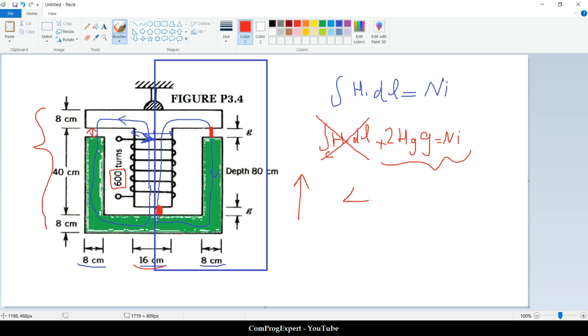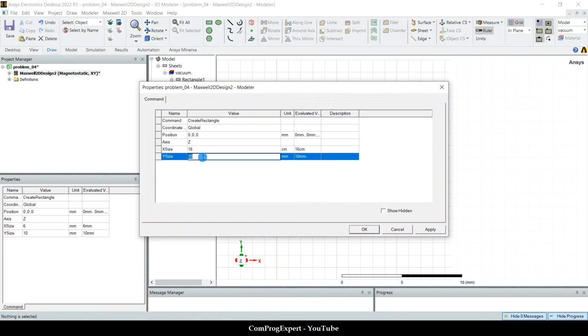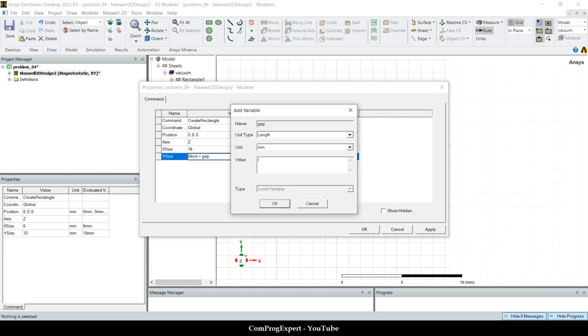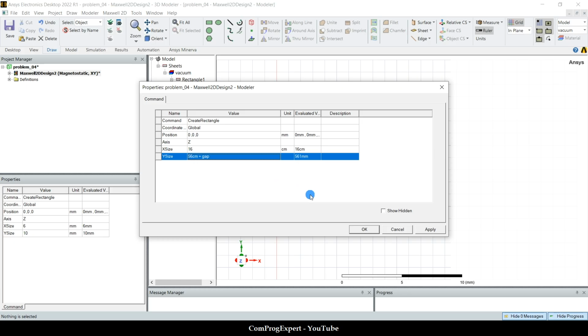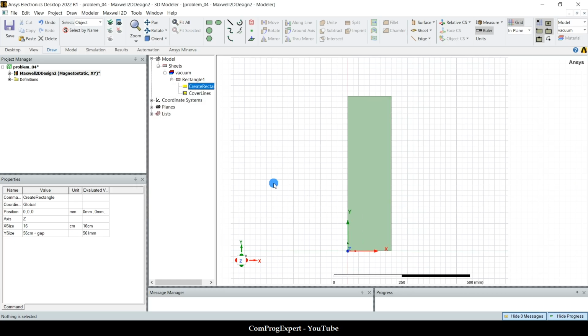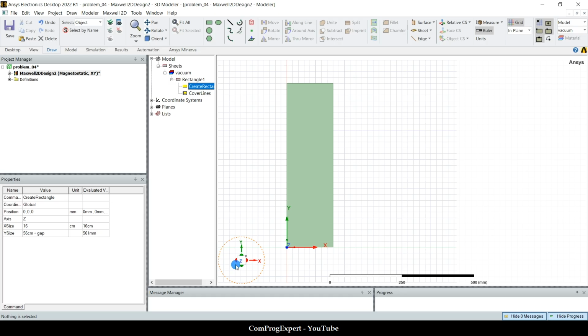So 40 plus 8 plus 8, that is 56 plus gap. So here I write 56 centimeters plus gap 1 millimeter. Okay, so we will check that. So this part of the structure.